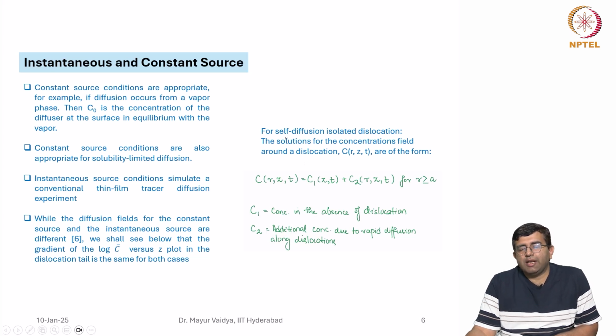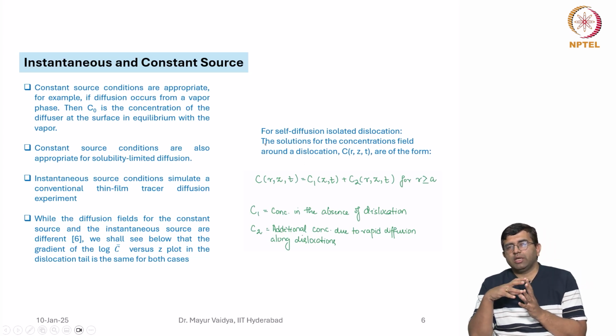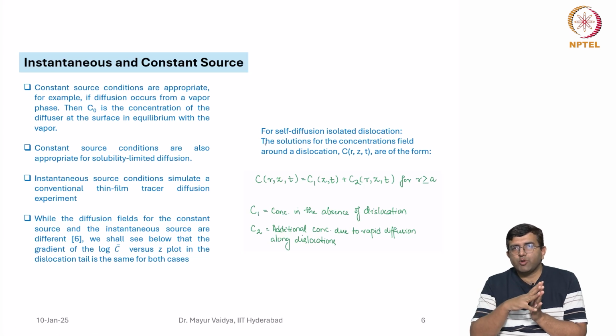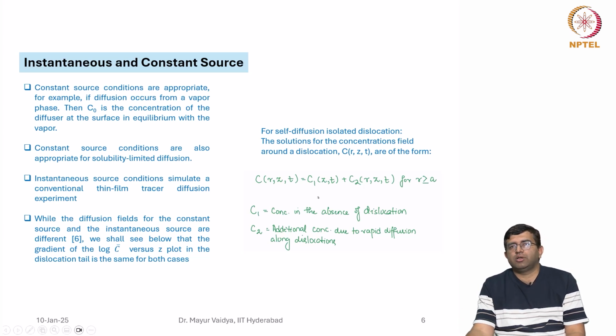Now, again like we wrote in the case of the grain boundary diffusion, the solutions are written like this: C of r comma z comma t contains two terms, C1 z comma t plus C2 r z t for r greater than or equal to a, where C1 represents the concentration in the absence of dislocation, and C2 is the additional concentration due to rapid diffusion along dislocations.